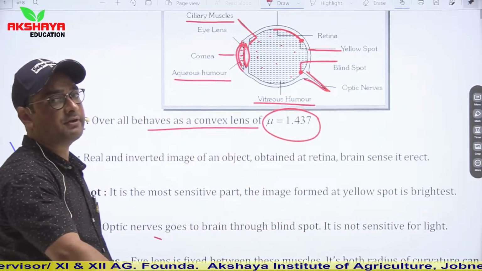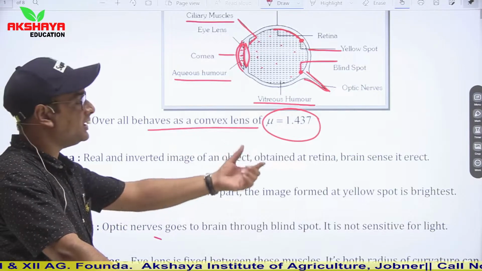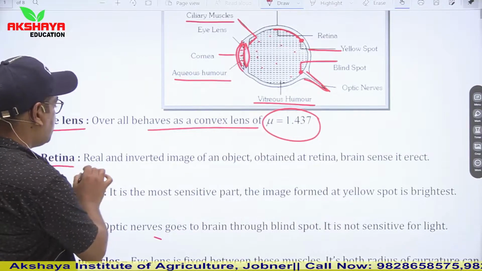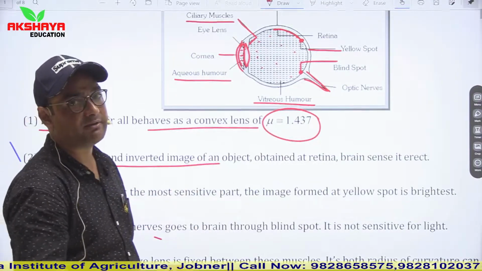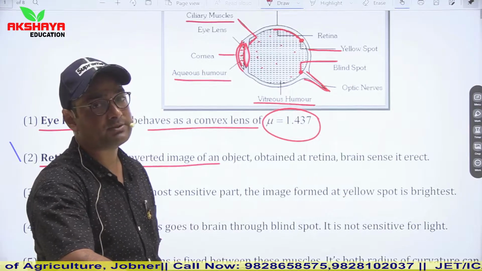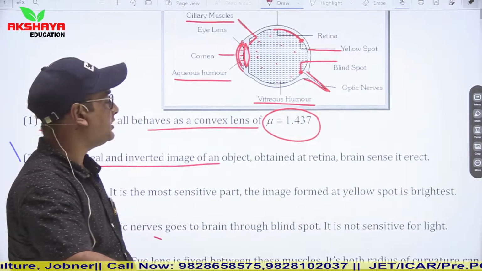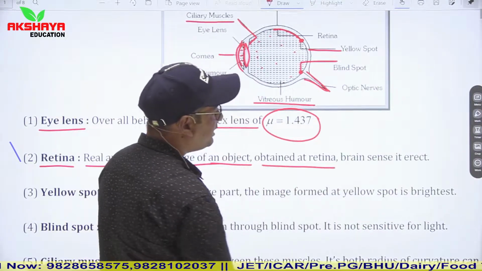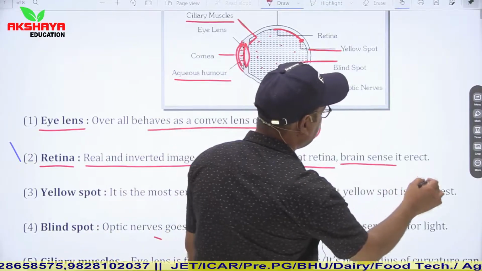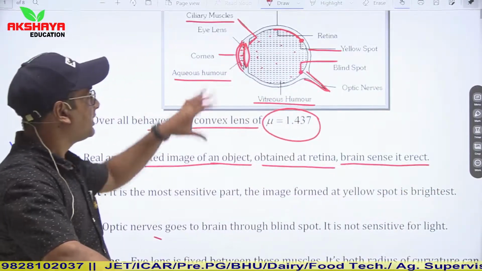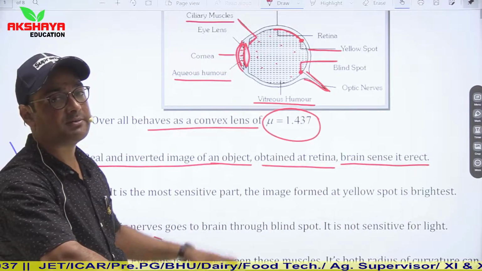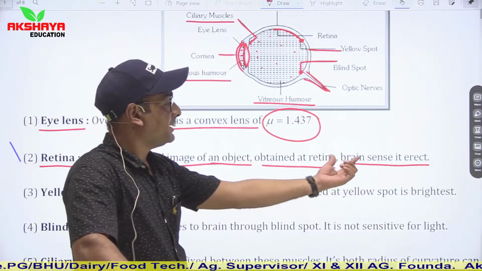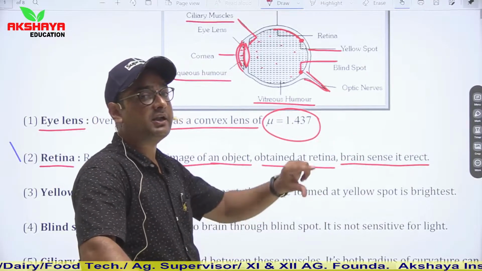Then retina: whenever we see images of an object, these images are real and inverted, and they are formed at the retina. A convex lens generally makes images which are real and inverted in nature. Then the brain receives these images and erects them.